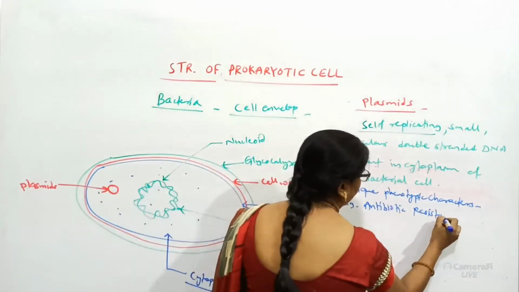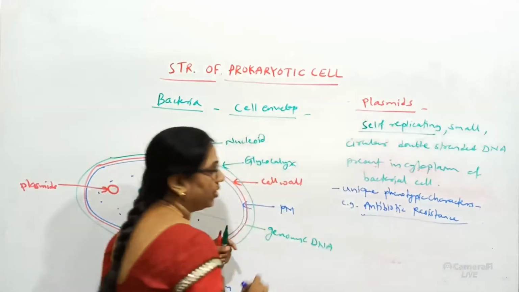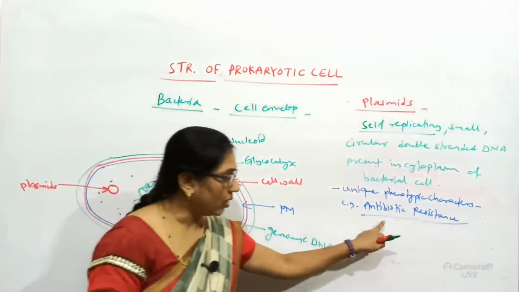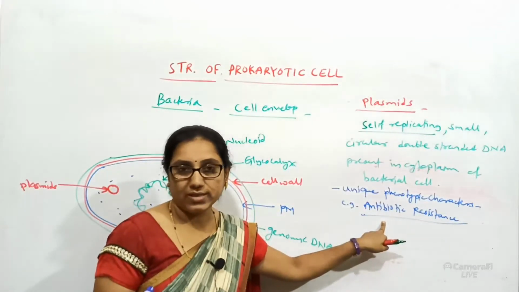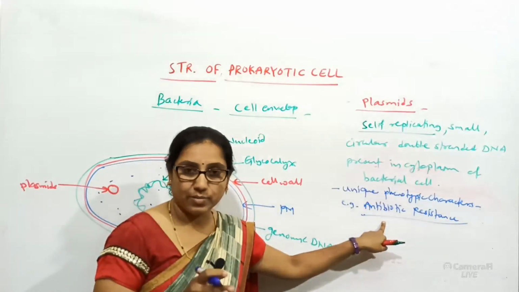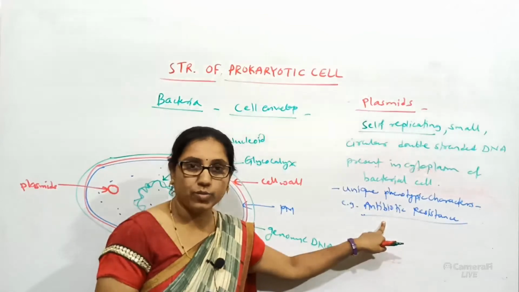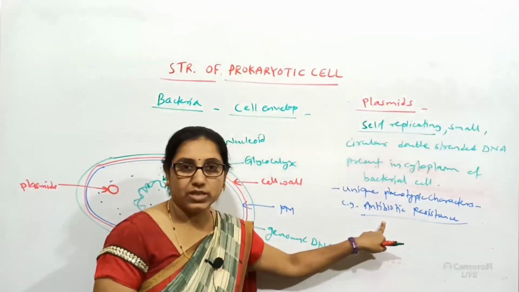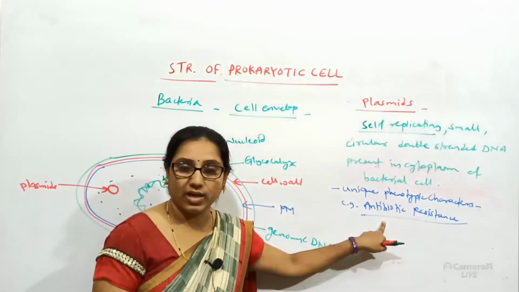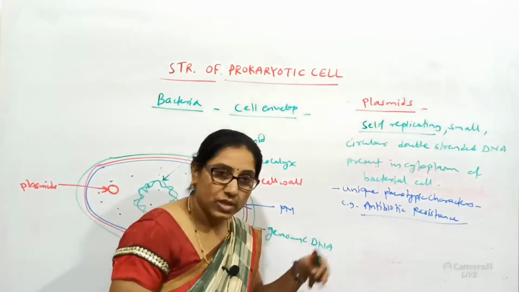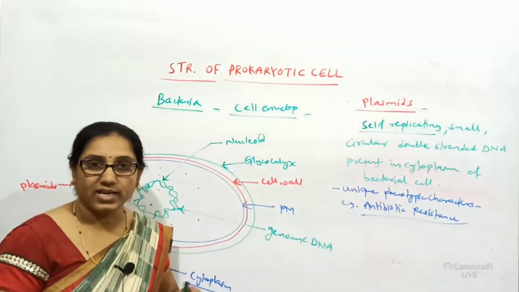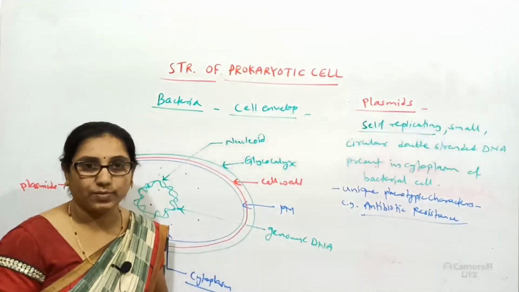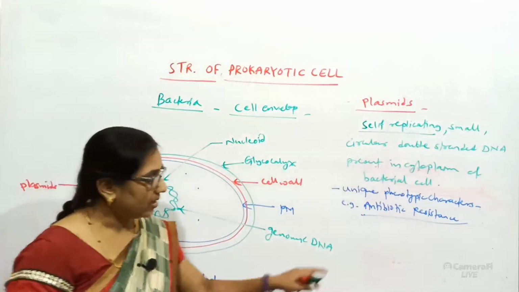What is antibiotic resistance? First, what are antibiotics? You know, these are substances produced by some organisms, that is some microbes, and they are responsible for inhibiting or killing other microbes. There are different types of antibiotics, like tetracycline and kanamycin. Those are a few examples of antibiotics.